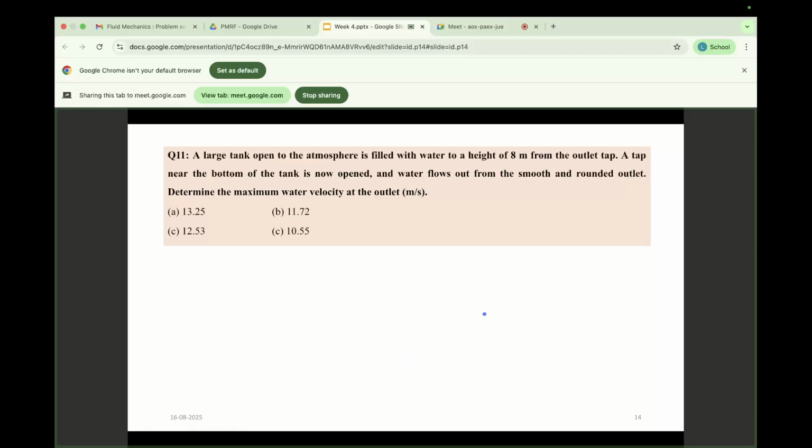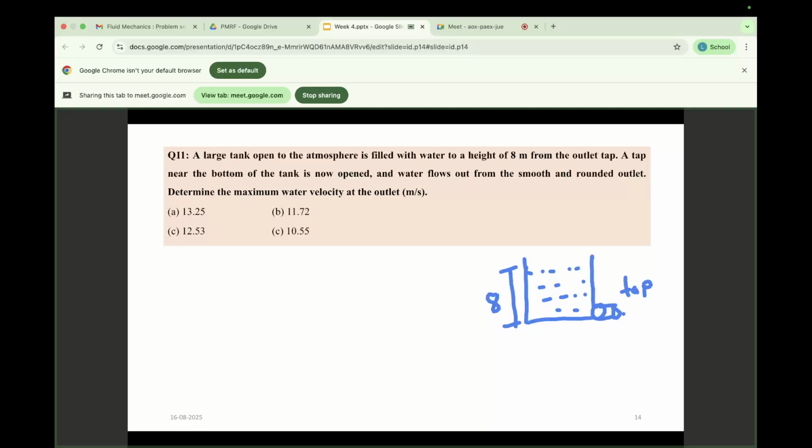So see, if I draw this problem, what is given? Say this is the outlet of the tap, or this is the tap. What water is there in the tank? The height is given as 8, right?